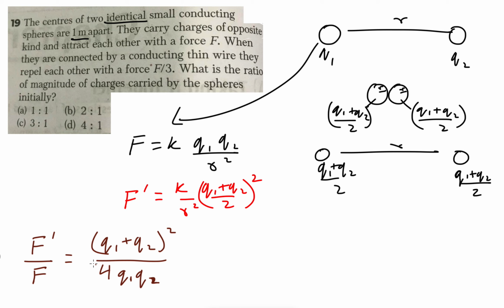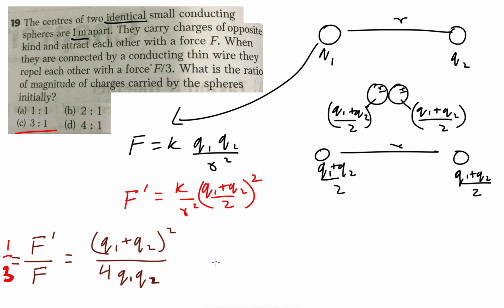What I'm suggesting is that you rather put in the values, right? F dash by F is given to you, which is 1 by 3. So I'll just write 1 by 3 over here. To get a 3, the most probable option is your C option, so you'll straight away check with your C option.